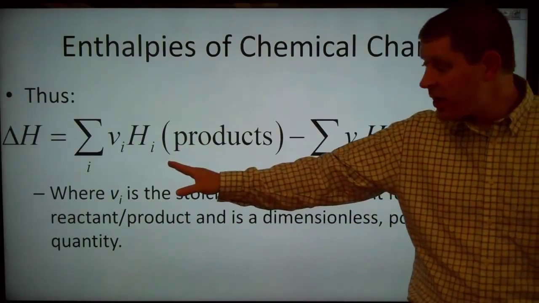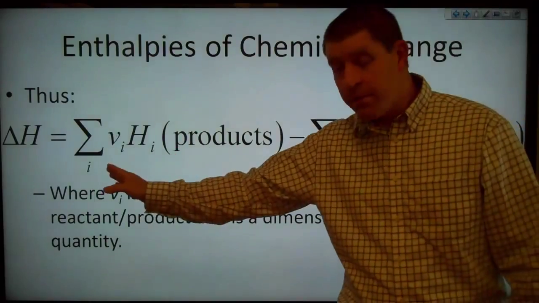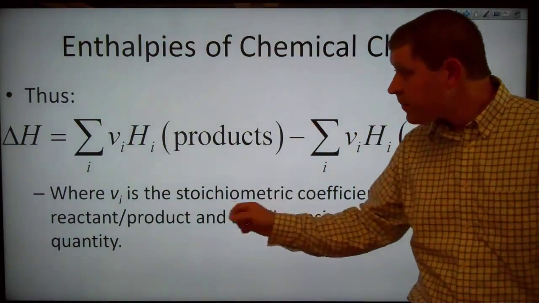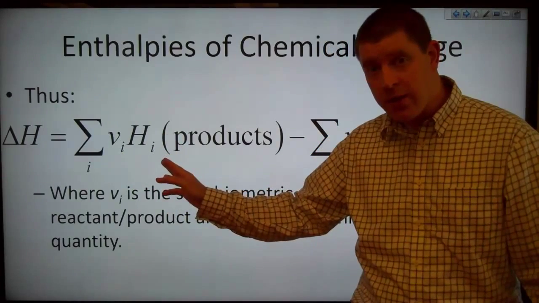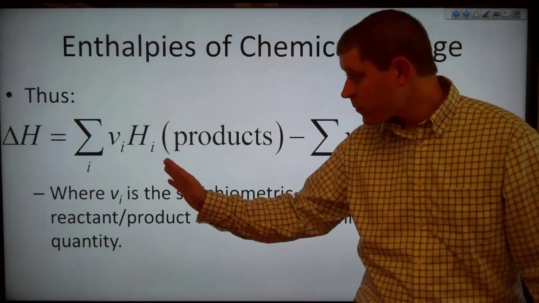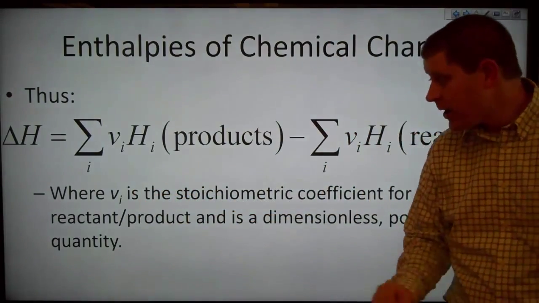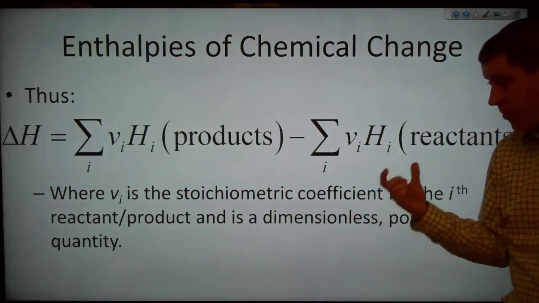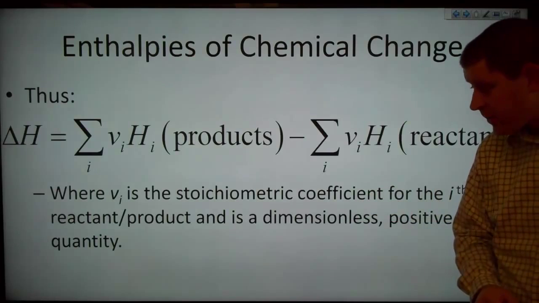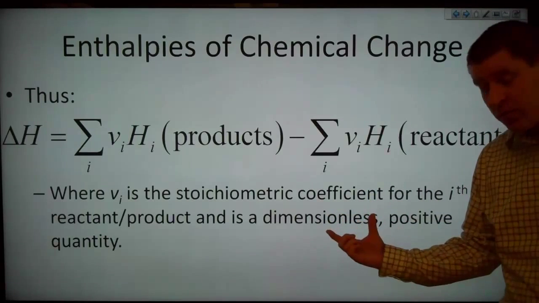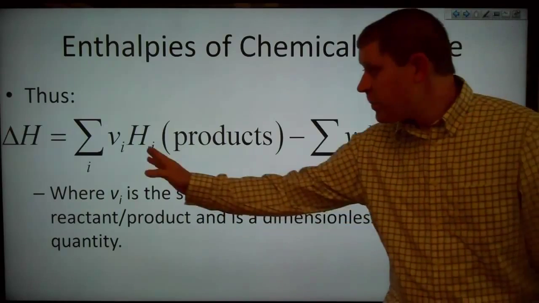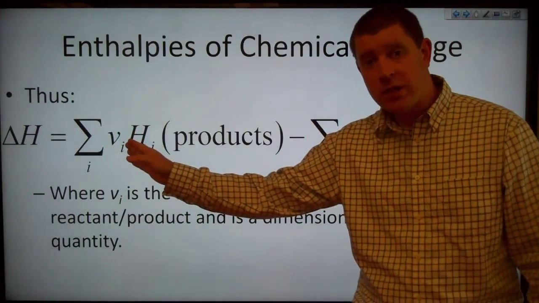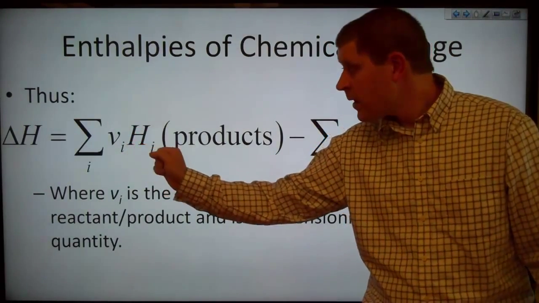And therefore the enthalpy change for the reaction is equal to the sum over all of our products of nu_i times the enthalpy H_i, where nu_i there is the stoichiometric coefficient for the ith reactant or product, and nu_i is going to be dimensionless. It's going to be positive. So this is basically the coefficient in the balanced chemical reaction.